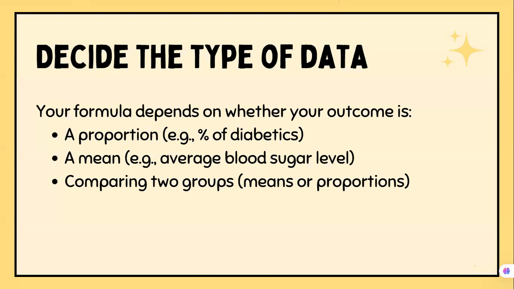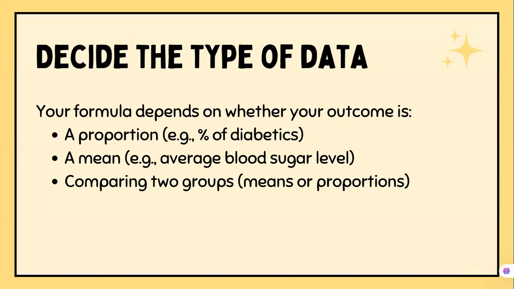Then on the type of your research study, we choose the formula. Whether it's a prevalence type, that is categorical type of data, then we use the proportion formula.